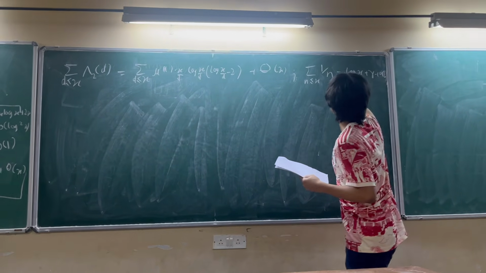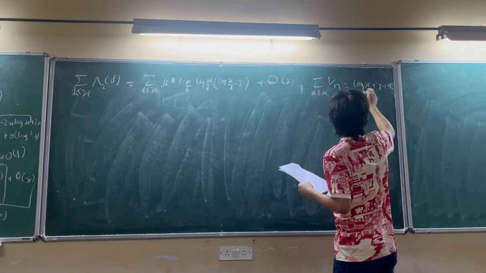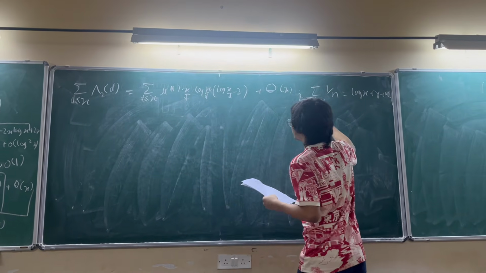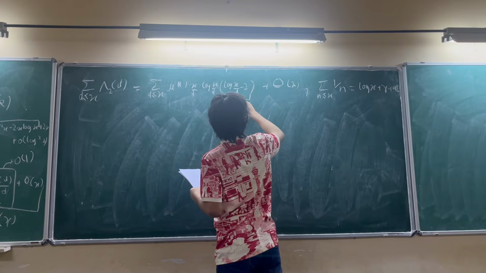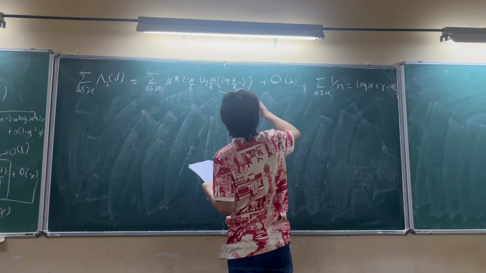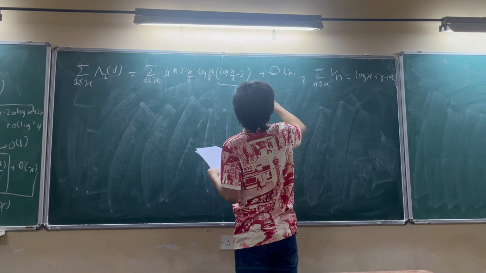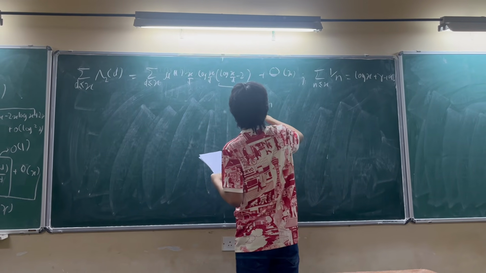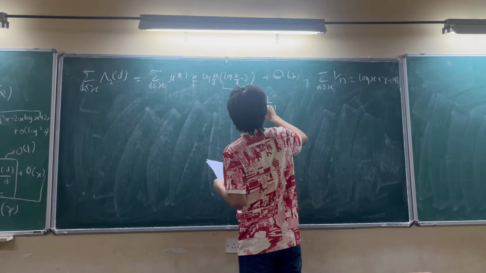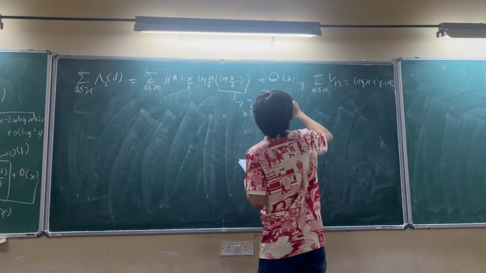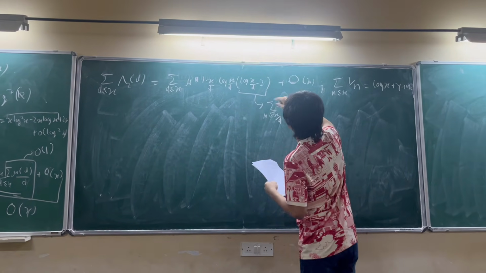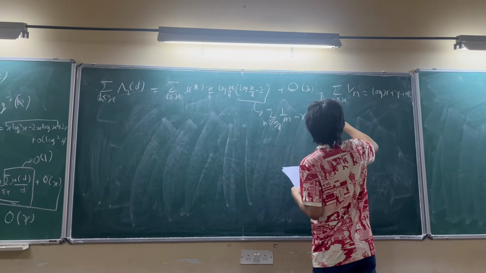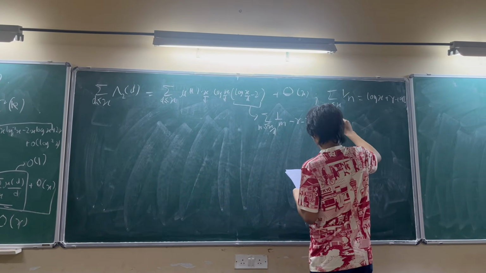So we invert this, we substitute log x from here, and write this particular thing as summation 1 by m, m less than or equal to x by d, minus gamma, minus 2 because 2 is also there, plus something of the order of 1 by x.